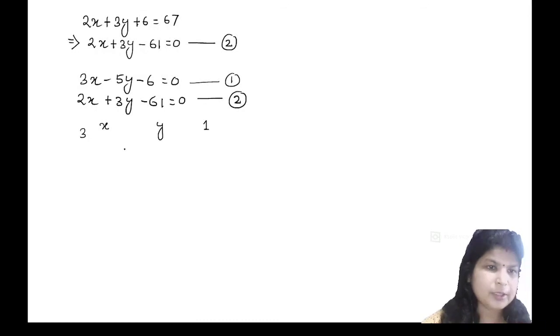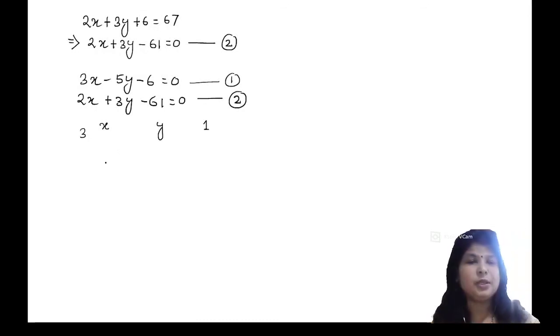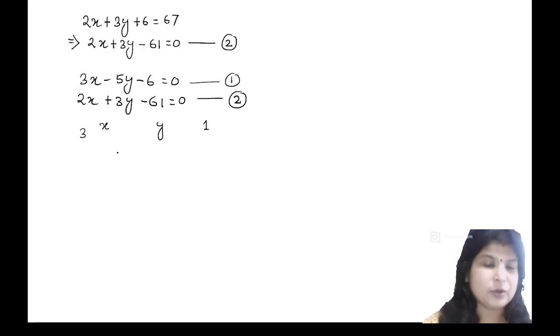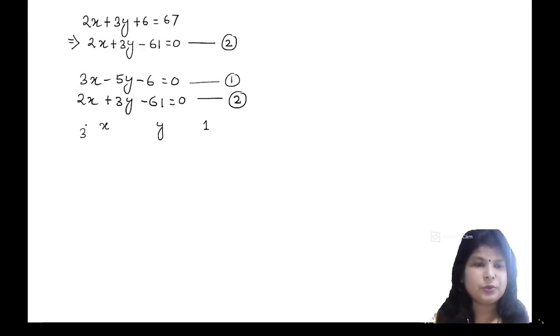Always remember, cross multiplication method, directly you can use the formula also. Okay, so I am just writing because you should not commit any mistake, or otherwise you can use the formula directly. Okay, so let us write down the coefficients.